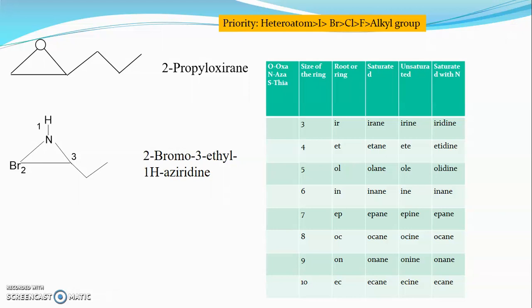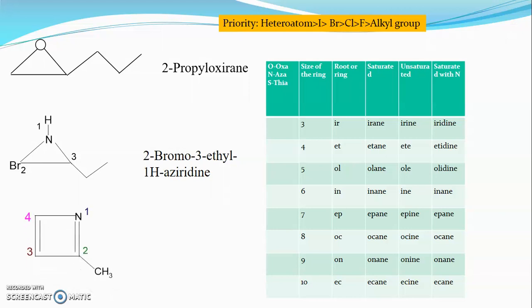Please remember this, because henceforth you are going to encounter many complex compounds. Here one hydrogen is attached to nitrogen. Why? Because nitrogen always forms 3 bonds, so to complete the valency, one more bond is given to nitrogen and it is indicated by H. That H you also have to mention while naming. So 2-bromo, 3-ethyl, 1H-aziridine. Without fail, you need to write that down.